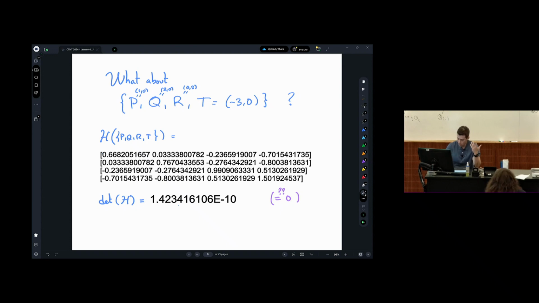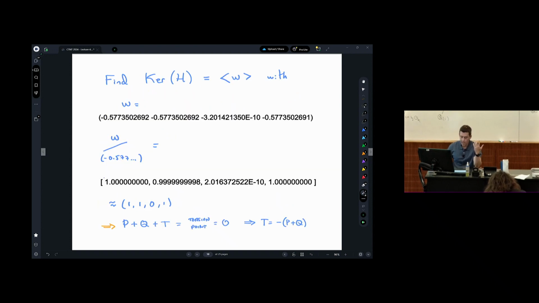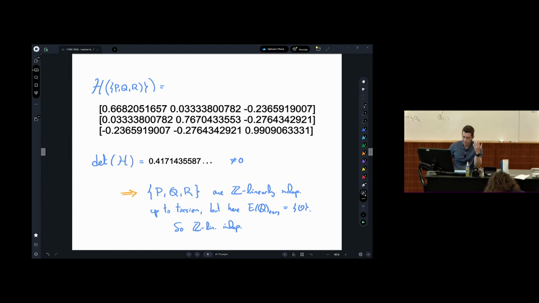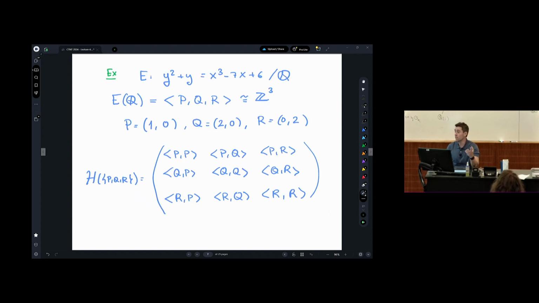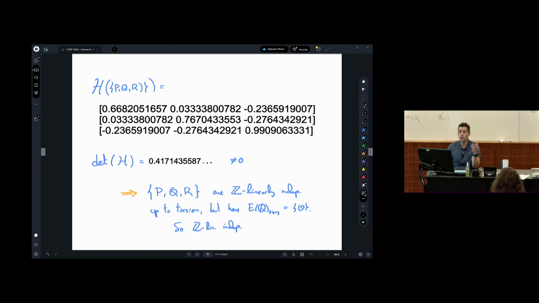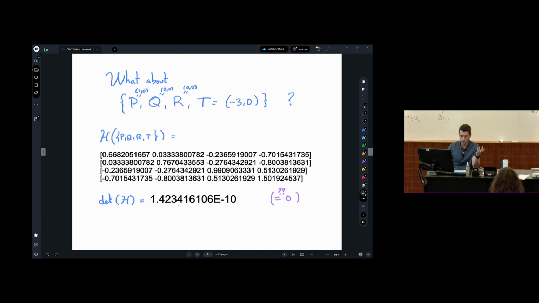And what one can prove, an extension of this theorem, is that when this is 0, the kernel actually gives you a Z-linear combination of these points that is 0 in the quotient. So a Z-linear combination that is a torsion point. So the determinant gives me something about linear independence. The kernel gives me something about linear dependence. It tells me how to compute an actual dependence of the points.